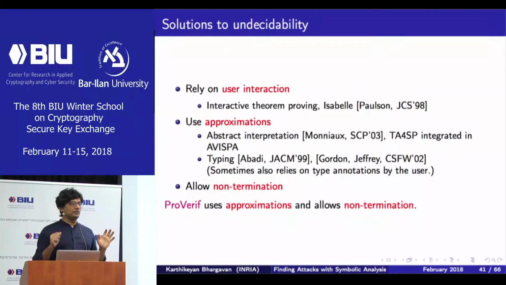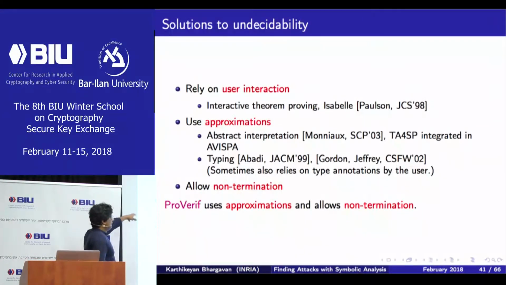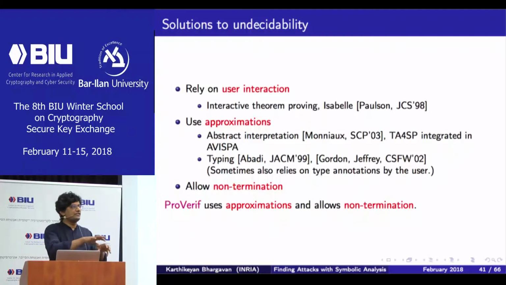Now, the engineering of the tool that Blanchet has done is such that, for the most part, it will be in the first two cases, and very rarely will it fall into the third case. But we cannot really fully get rid of the non-termination because of this undecidability problem. Other tools like Tamarin use user interaction, so that in the cases when it says, I don't know, the user can provide certain hints to guide the prover to finding a proof, a positive proof or a negative proof.